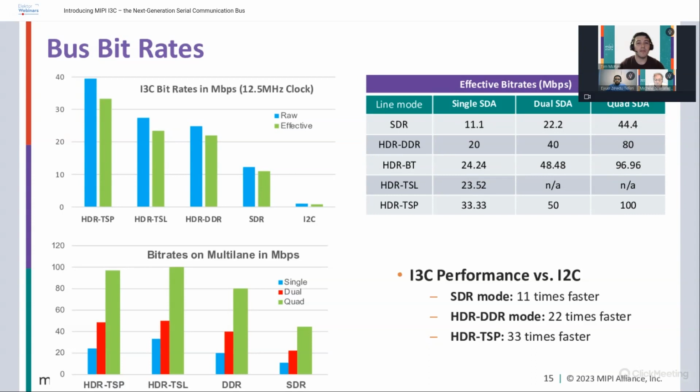So this I3C technology gives us much better throughput than we saw in the legacy I2C.